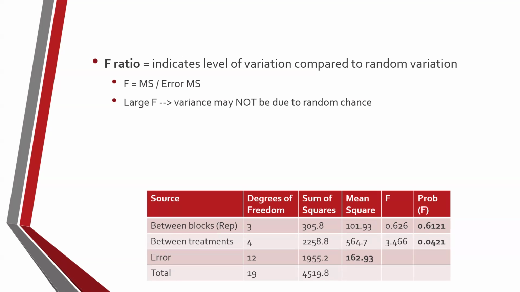And so the larger that ratio is, the more likely that the variance from that source is not due to just random chance. There's so much more variability that can be attributed to that compared to what we can attribute to the error. And that would give us more of that confidence, if you will.